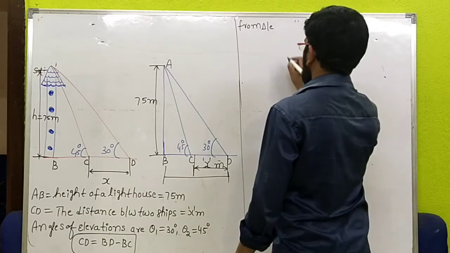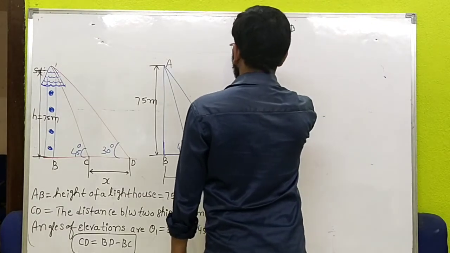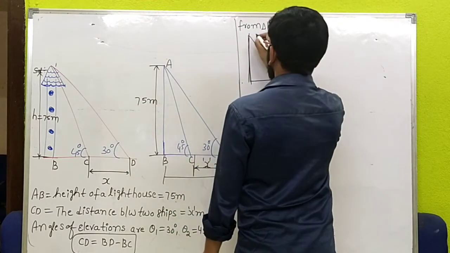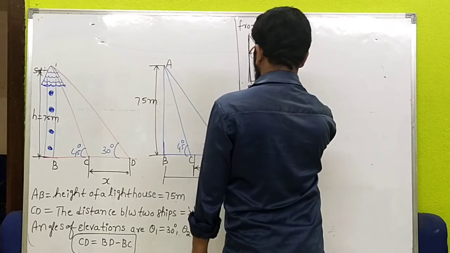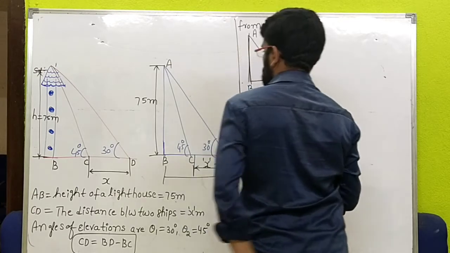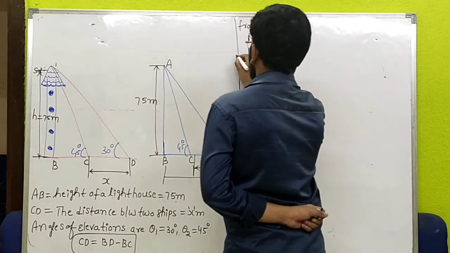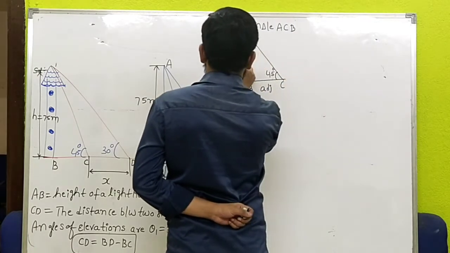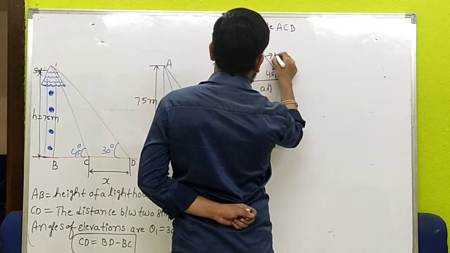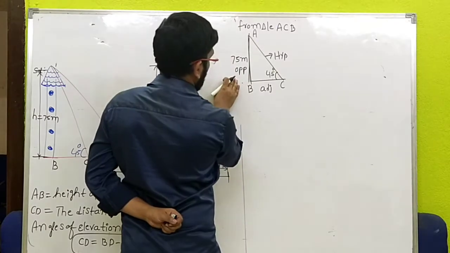So from triangle ACB, a right angle triangle at B, theta equals 45 degrees. We don't know the adjacent, this is 75 meters opposite, and this is the hypotenuse.